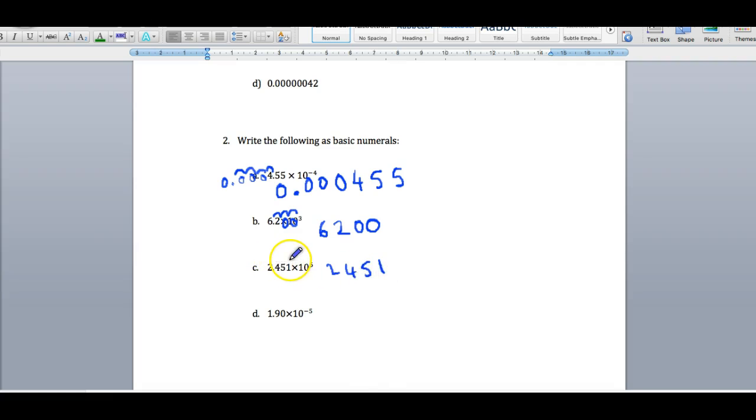Okay, so it's moving 1, 2, 3, and then another 3 zeros. And then the last one, a small number. So, oops, didn't need to put that decimal there. 1, 9. Okay, so we're moving it 1. So I think 4 zeros. 1, 2, 3, 4, 5.